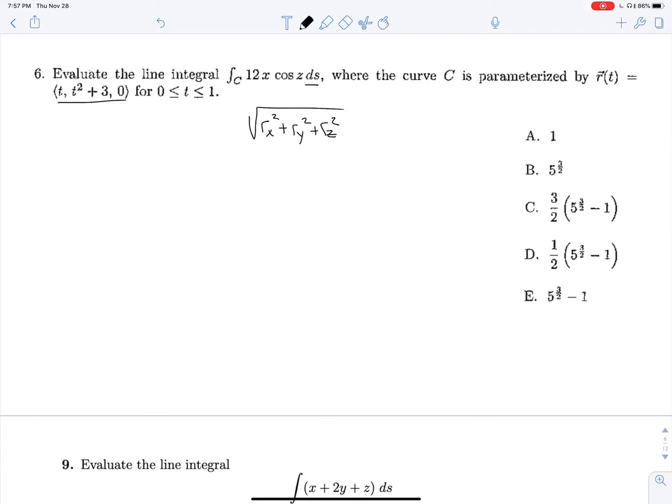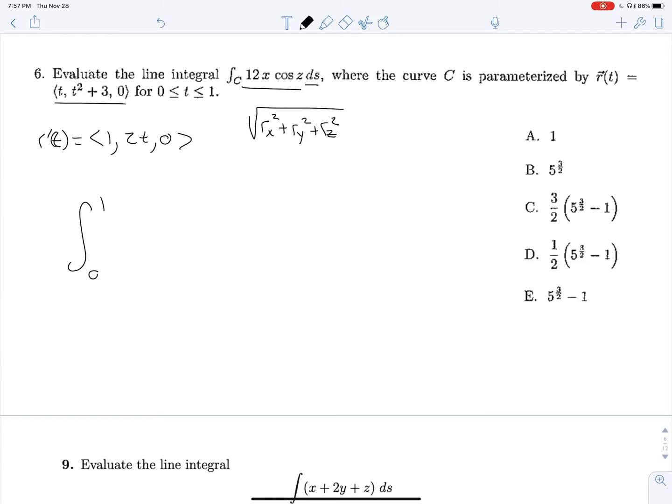They're the derivatives of the x component, the y component, and the z component of r of t, and you'll see what I mean in a second, because we can find these just from finding r prime of t, which is going to be 1, 2t, 0. So now we can take our parametrization here, our r of t that we're given, plug it into this thing, and we will have our integral that we can solve.